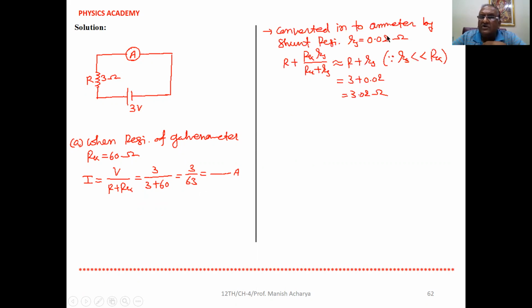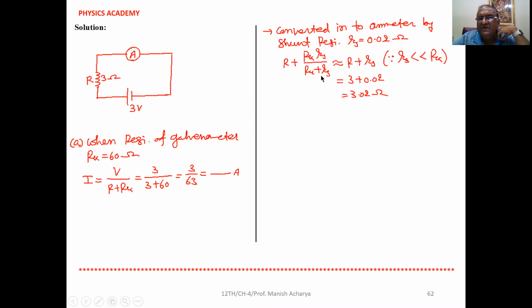the galvanometer is converted into an ammeter by shunt resistance Rs equal to 0.02. So now the effective resistance of the entire circuit: this is R, and with this R in series, that is Rg Rs upon Rg plus Rs, because the shunt is always connected parallel to the galvanometer. Here Rs is very small compared to Rg.